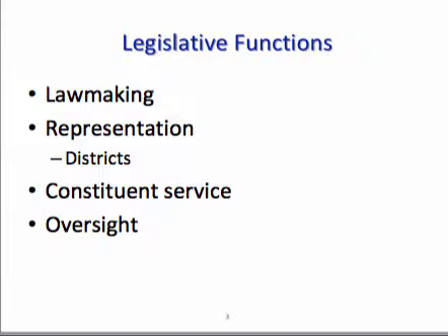The state legislatures, or the legislators, also perform constituent service. This is a very important function. It might not be something that you think of if you haven't taken a political science class, but it is a very important function, especially for those legislators who intend to get reelected.